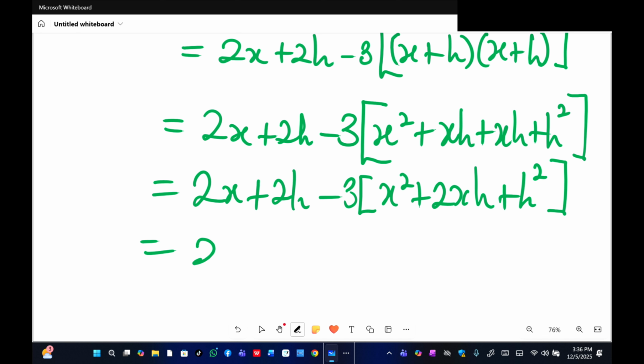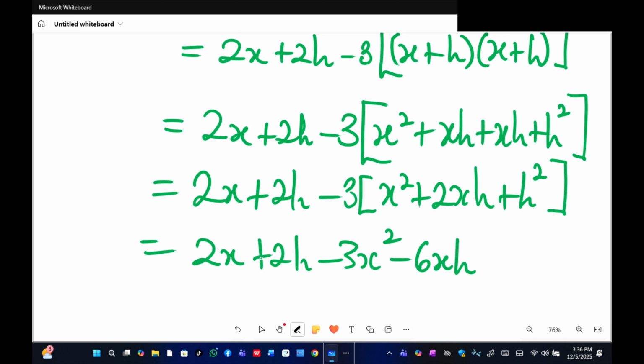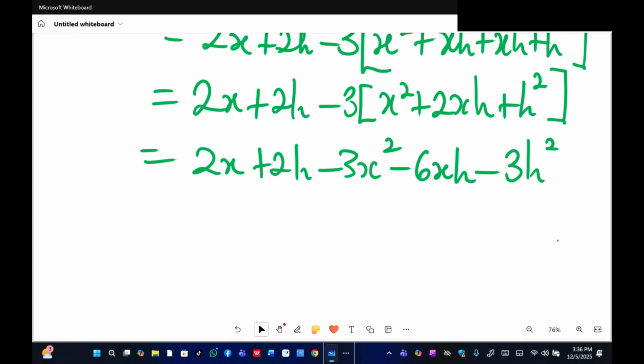So you are going to get 2x plus 2h. Negative 3 multiplies x squared will give a negative 3x squared. Now, negative 3 multiplying 2xh will give us negative 6xh. The negative 3 multiplies h squared will give us negative 3h squared. Alright, so this becomes our f of x plus h.